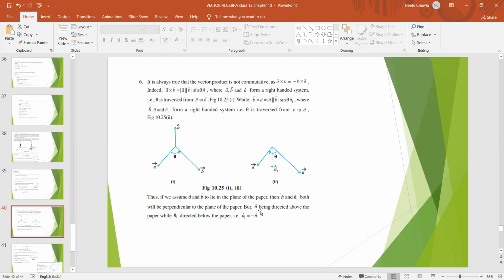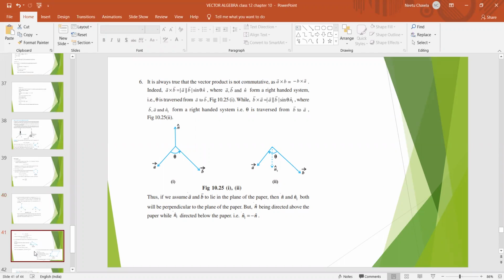Due to this, they can make a 1 marker or a 2 marker question, that why this vector product is not commutative. So you should know what is the reason behind it. When it is projected from A to B, here it is moving from B to A. That is why the final vector's direction is also changed. And since the direction is changed, that is the reason that this vector product is not commutative.